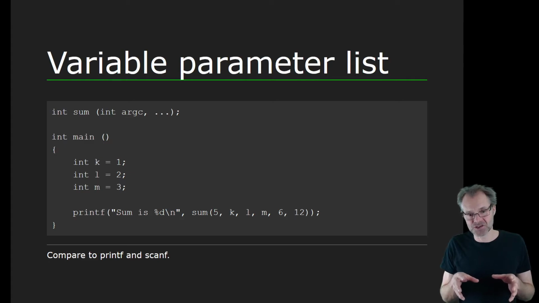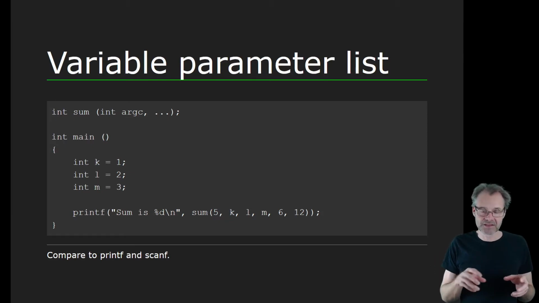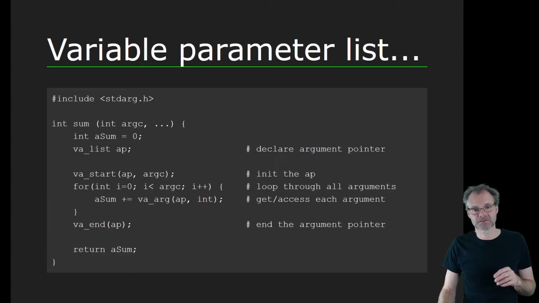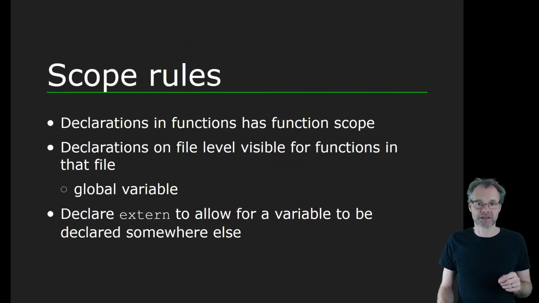So it knows that the variable parameter list should contain one integer and nothing more. So printf and scanf are examples of how C uses variable parameter lists to make things a bit flexible, if you will.